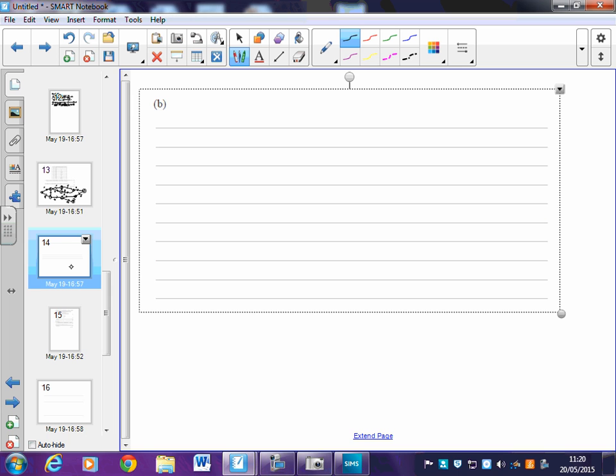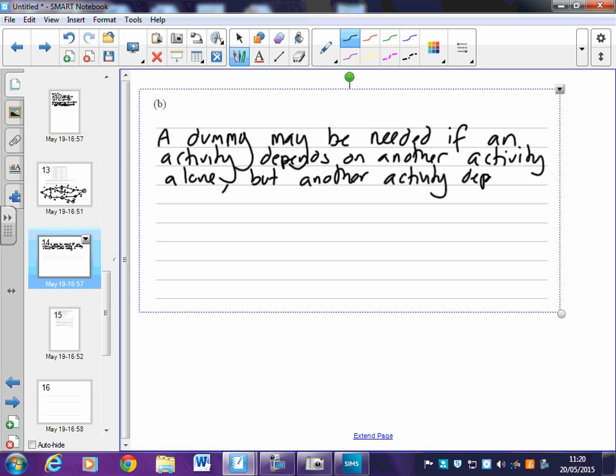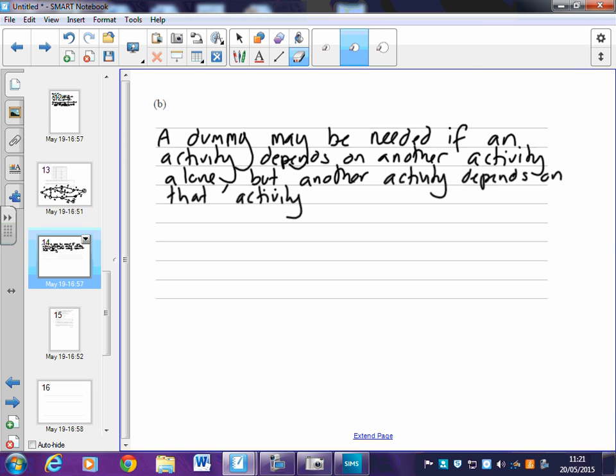All right, so writing that up, a dummy, so I'm going to do the first type first, where it depends on different activities, may be needed if an activity depends on another activity alone, but another activity depends on that activity and combined with other activities. It's harder to do the general ones because you end up just kind of waffling on saying words.